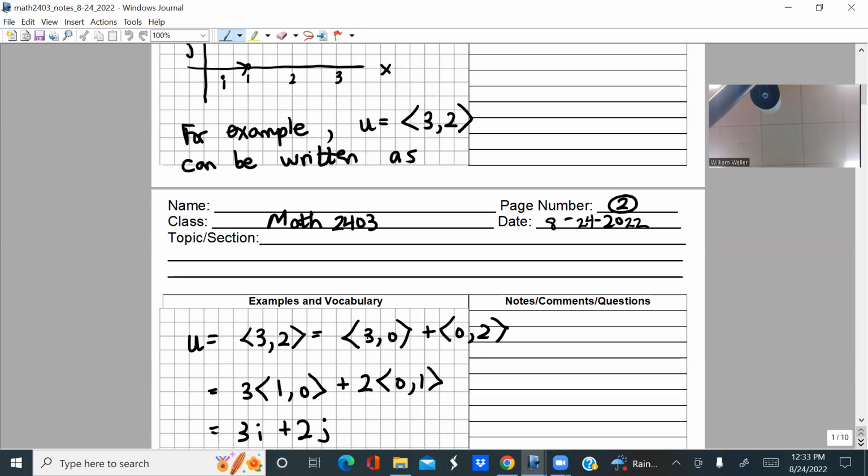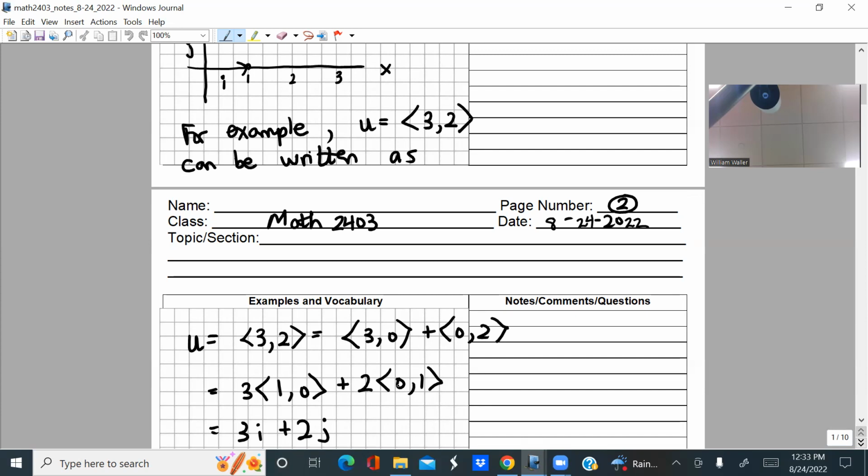But of course, when you add these two vectors together, that gives you the vector u, correct? Now, you can write this vector and this vector as scalar multiples. So instead of writing 3, 0 here, I can write this as 3 times 1, 0. And then this vector, instead of writing 0, 2, I can write that as 2 times 0, 1, correct?